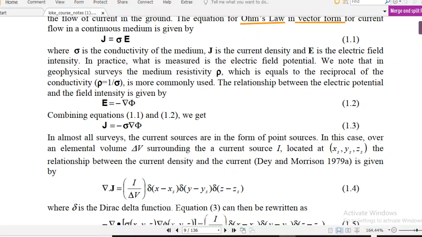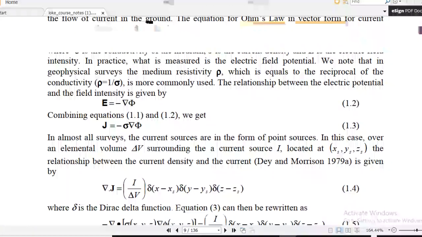If you multiply this by the divergence, we get I over delta V times delta of X minus XS, Y minus YS, Z minus ZS, and this delta is the Dirac delta function.